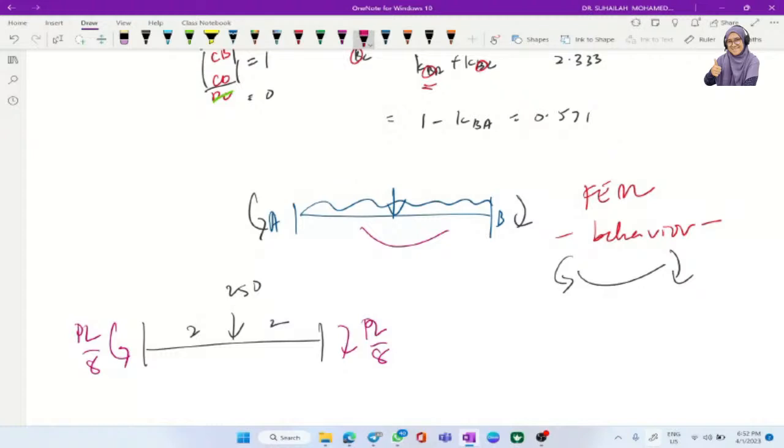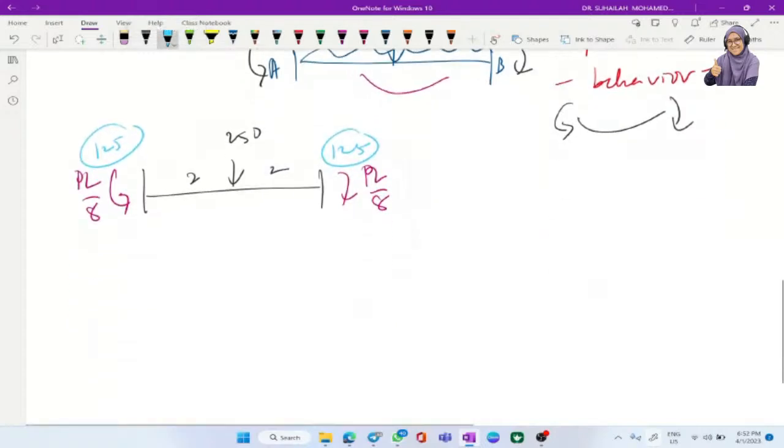So now calculate the value. It is 250, L is 4, divided by 8. So we get 125. So the answer here is 125. This is member AB, so the FEM is 125.